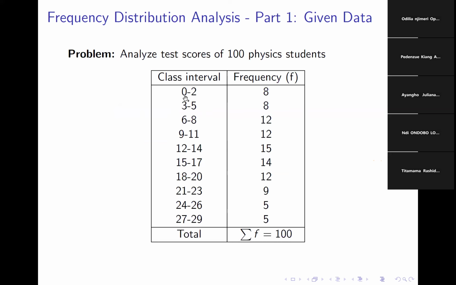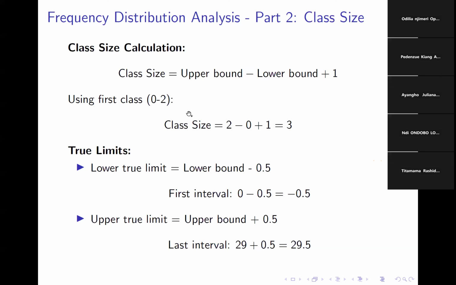Using the first class, 0 to 2, you calculate the difference between the lower and the upper bound, and you add 1 to it, and you get 3. And you do that for the other classes as well.